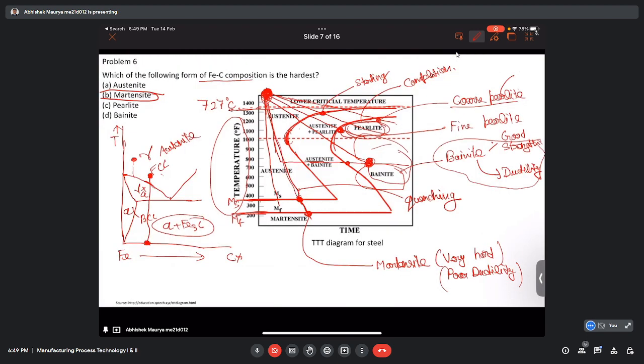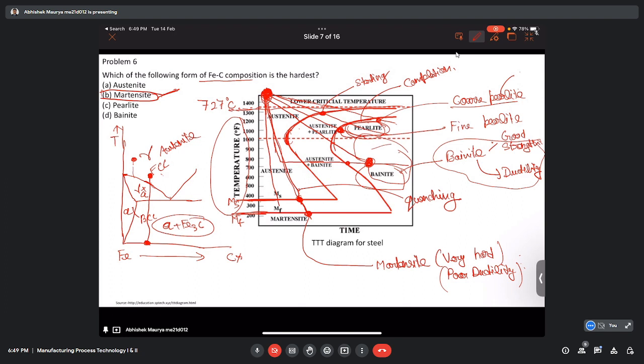The carbon atoms didn't get sufficient time to diffuse in order to form the ferrite phase and cementite phase. So they got very little time, and its crystal structure is BCT, body centered tetragonal. That is a kind of distorted version of BCC, but it is very hard. So the correct answer is martensite.